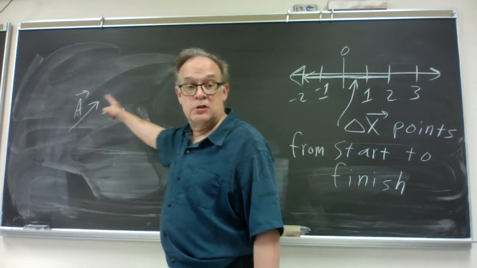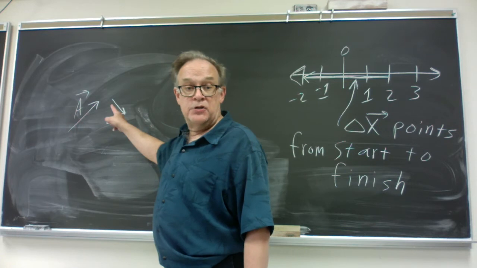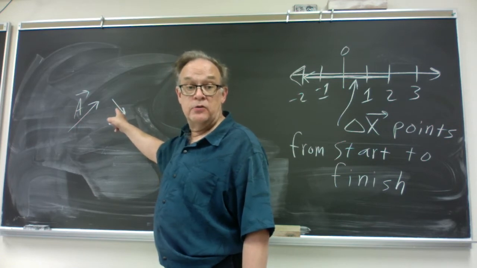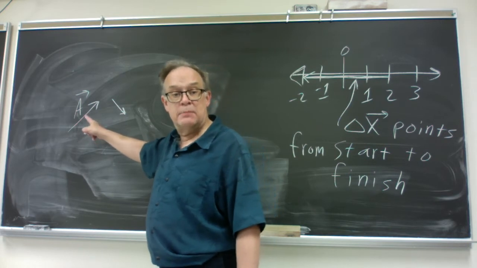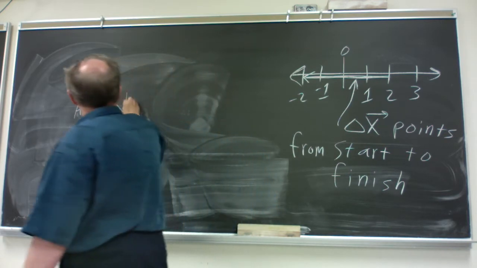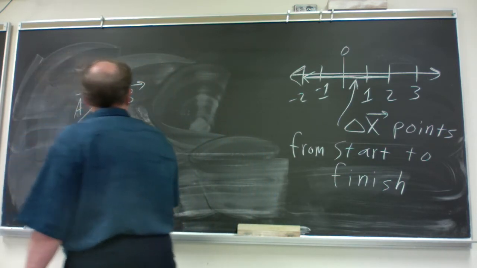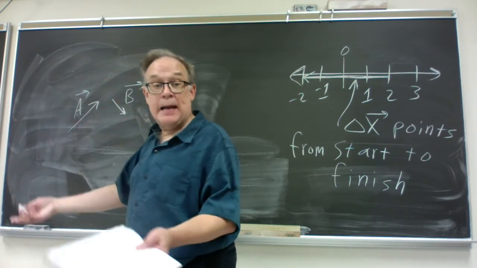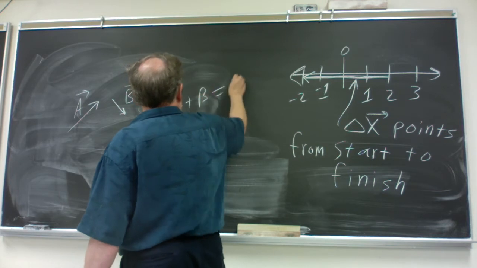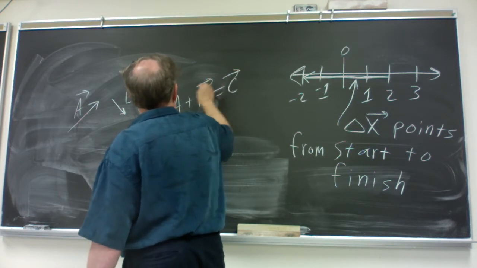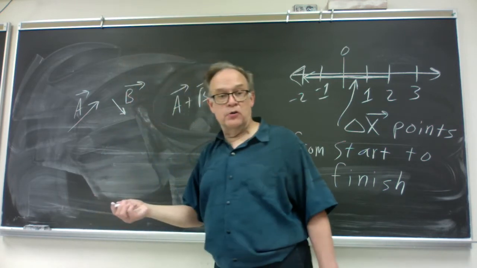This is about half as long as this, so the magnitude, size, absolute value of this is about half of the magnitude, size, absolute value of this. We'll call this one B. And let's say that we are adding A and B, and the result of that addition will be some new vector C.